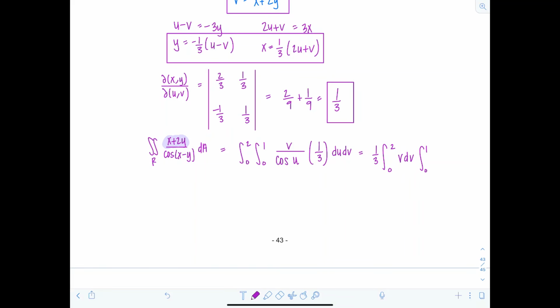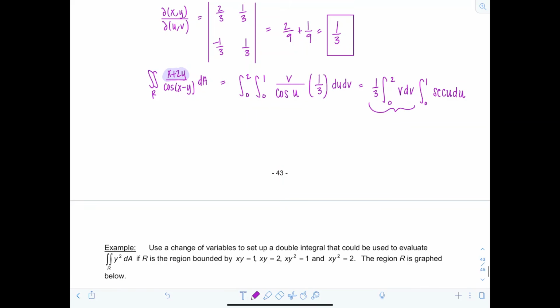Now we know we don't want to integrate 1 over cosine u. That's secant u in integration land, du. Okay, so one at a time. That first antiderivative, after we evaluate it, you'd have v squared over 2, evaluated from 0 to 2. It's going to just throw another 2 in the mix, times that 1/3. So that's going to give me 2/3.